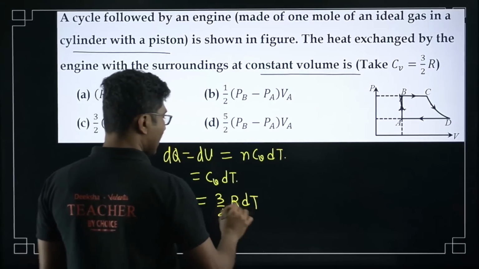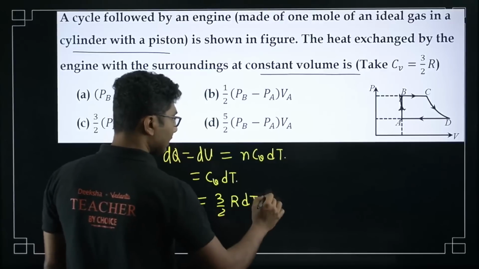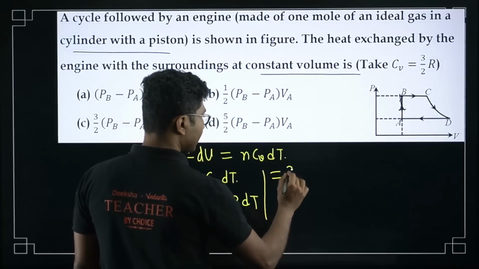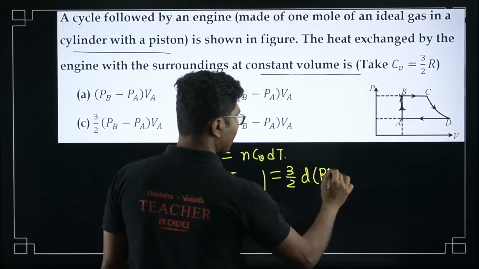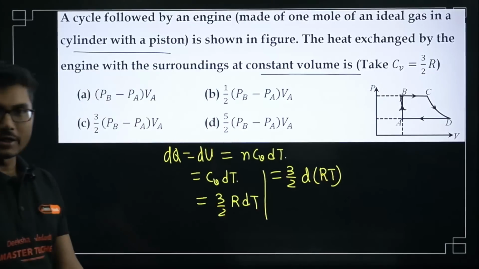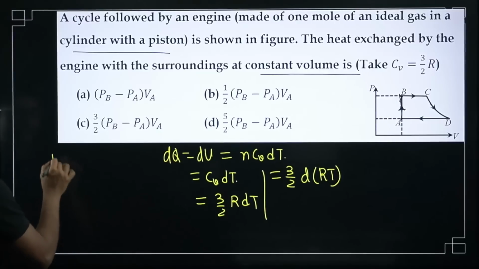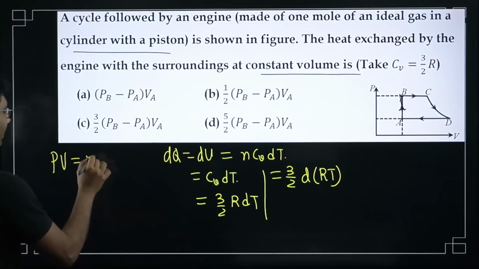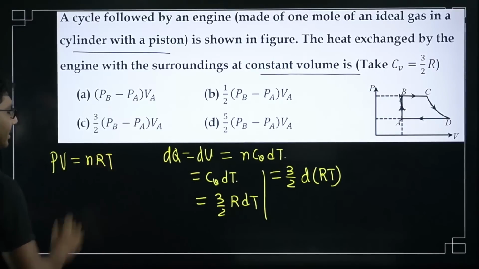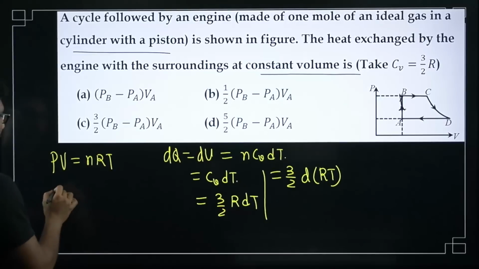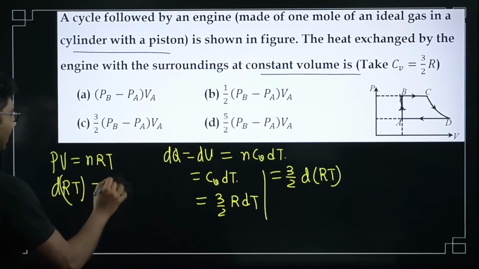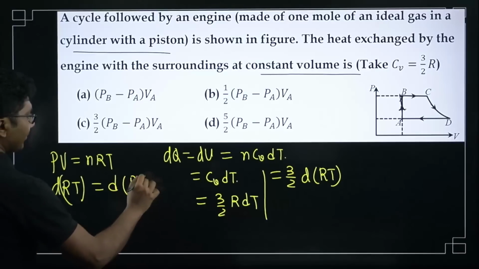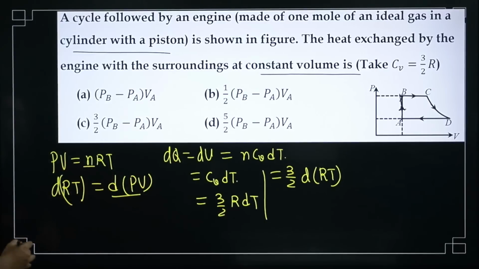Now R is a constant, so I can write this equation as 3 by 2 d of RT. Now what is RT? PV equals nRT, right? Now n is 1 mole, so d of RT is basically nothing but d of PV, since n is 1.